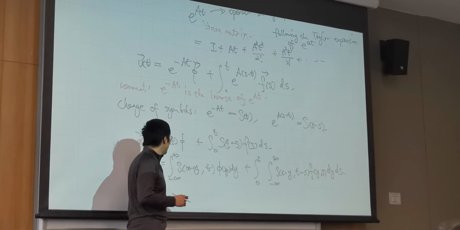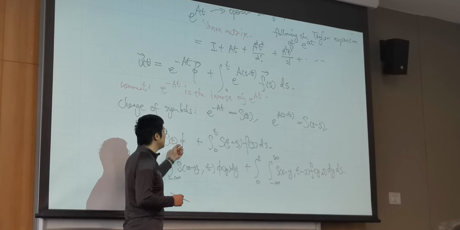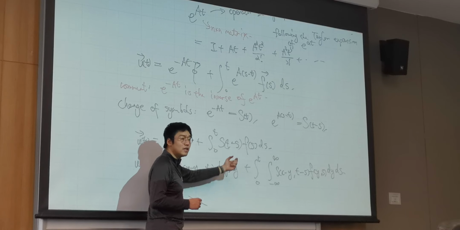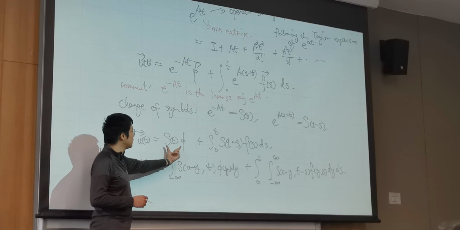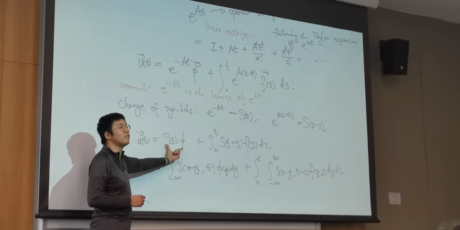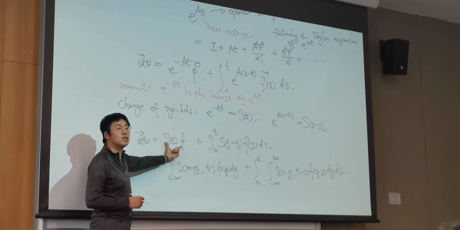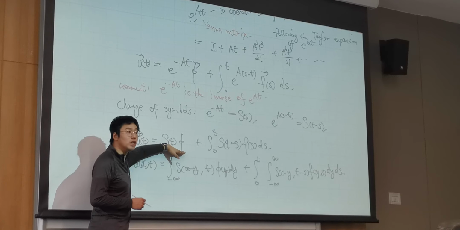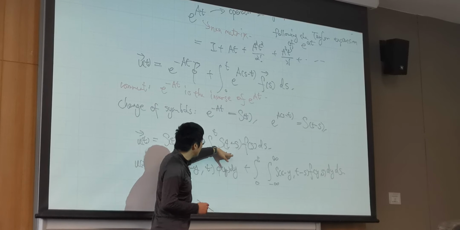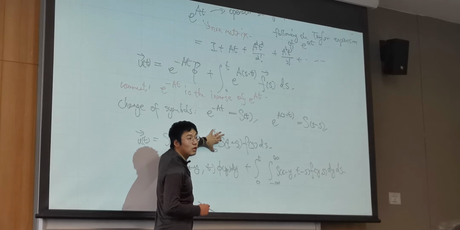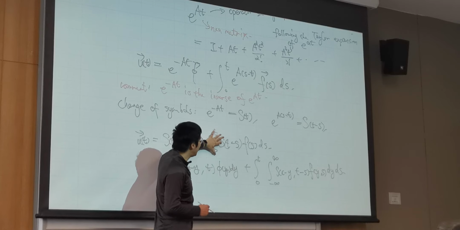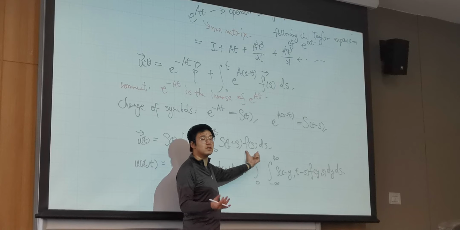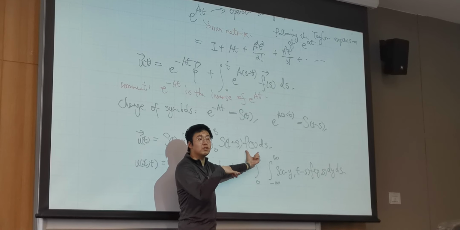All you can see is that I have some S, I have some t, I have some S of t minus s, and the first term doesn't involve any integration about t, because it's directly related to the initial condition. And the second term involves an integration of t, and it's also related to whatever on the right hand side is always being input into the system.